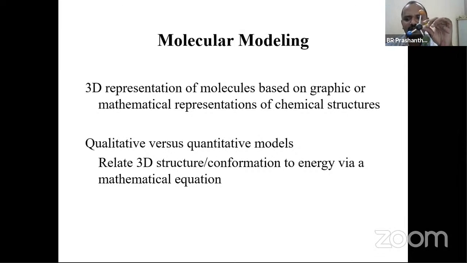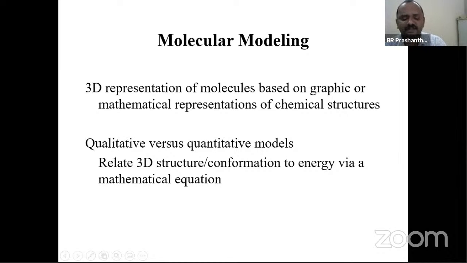This is not the true volume, size and shape; it is bigger, but this is how it exists. So what is meant by molecular modeling? It is the 3D representation of molecules based on the graphic or mathematical representation of chemical structures.